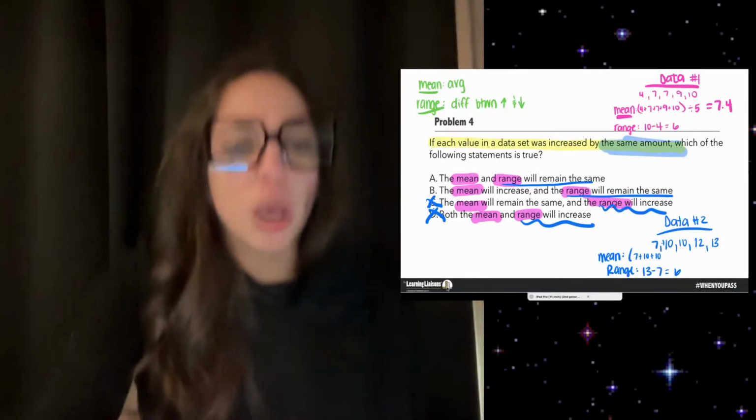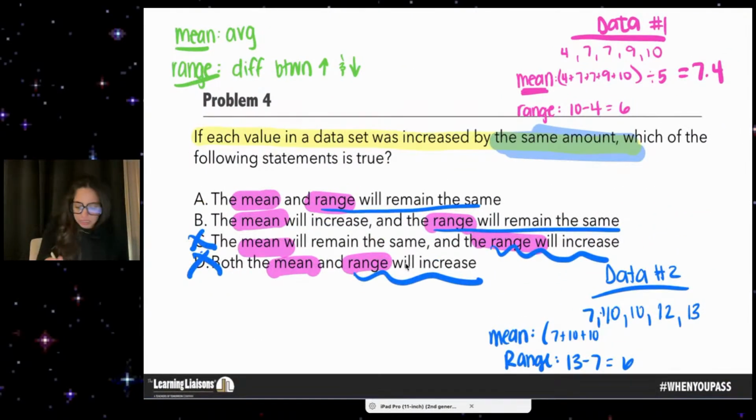All right, so what do you notice? 7 plus 10 plus 10 plus 12 plus 13 still divided by 5 because I still only have 5 data pieces in this data set. So naturally, what's going to happen?